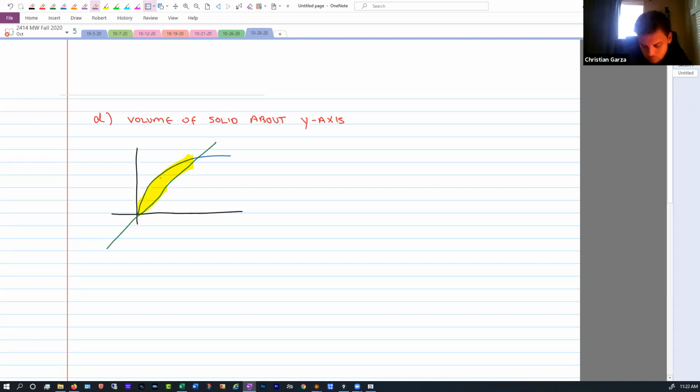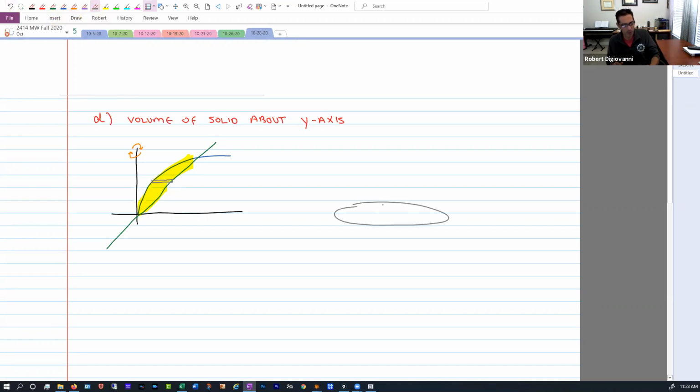Horizontal, good. So we're just going to put a horizontal rectangle here. It's the same principle. I have my axis of rotation as the y-axis. I'm going to put an orange there. So what's happening is when we wrap that rectangle around, we get a washer that looks more like a washer that's just lying on a table, right?